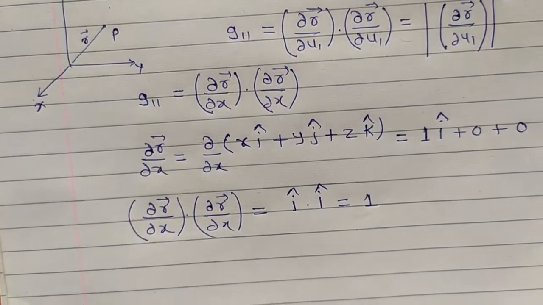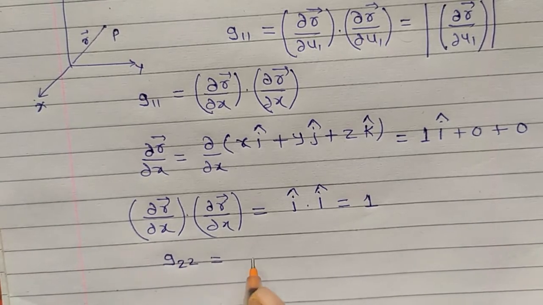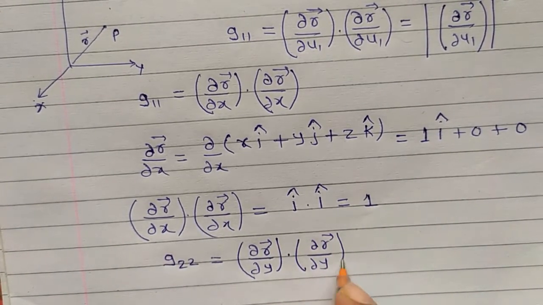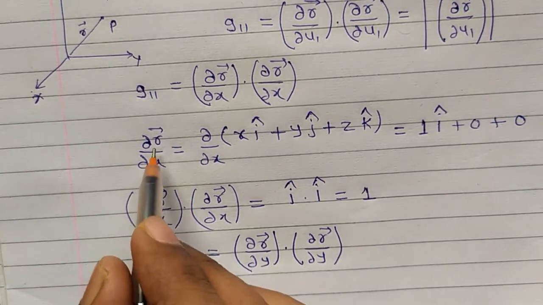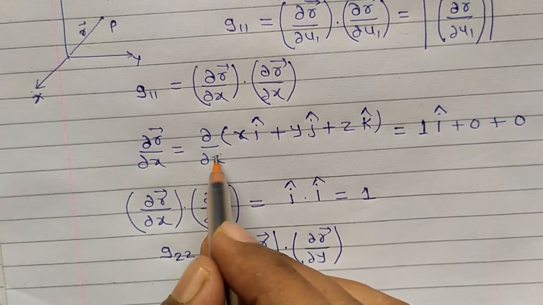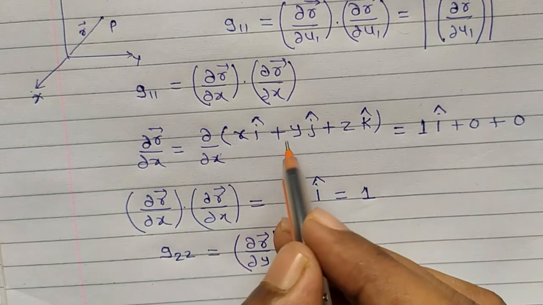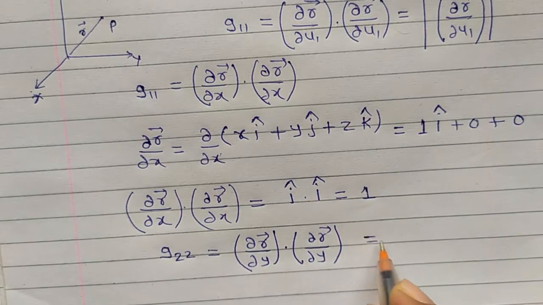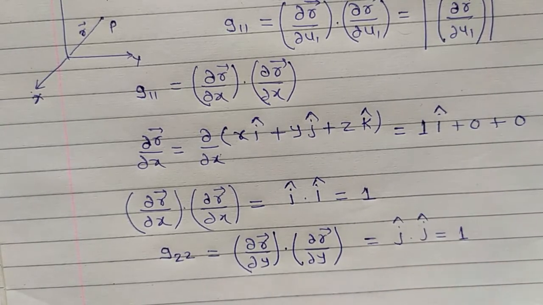Then I can similarly find that g22, which is ∂r bar by ∂y dot ∂r bar by ∂y. If I work out, you have to just do ∂r bar by ∂y, then you can see that this is not x, this is y, so this term will cancel, this term will cancel, the derivative of y with respect to y is 1, so it will be just j cap, and then again j cap dot j cap, which is equal to 1.